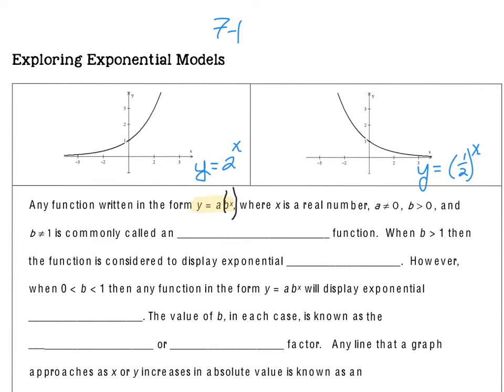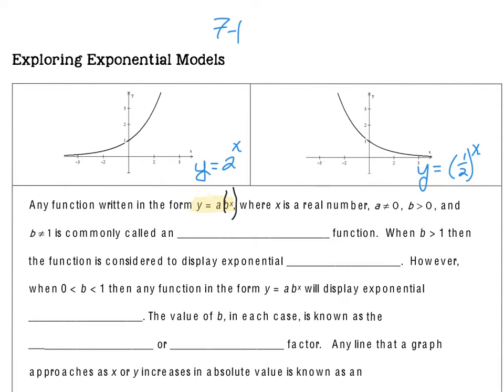So our b here is 2 and our b here is 1/2. Our a is 1 because it's 1 times this power, 1 times this power. So there is not going to be any vertical stretch or shrink. That a is the same thing that we've seen in all of our parent functions, where it creates a vertical stretch or shrink, and if a is negative, it will reflect it.